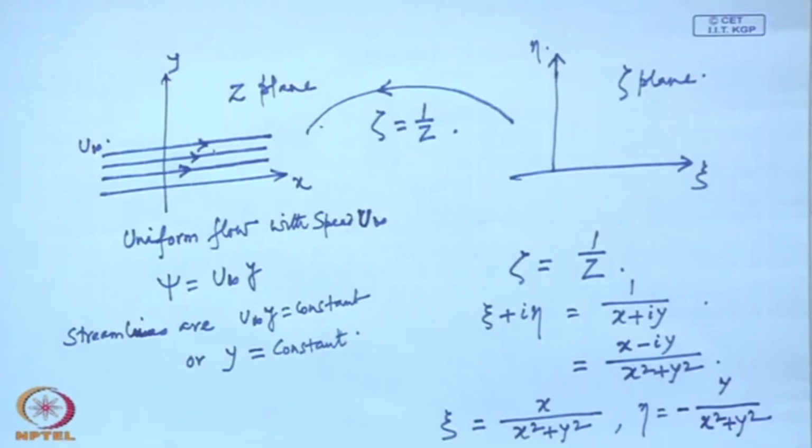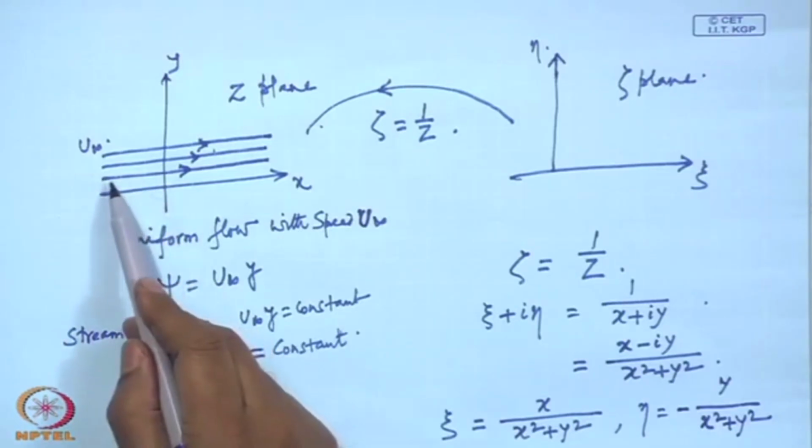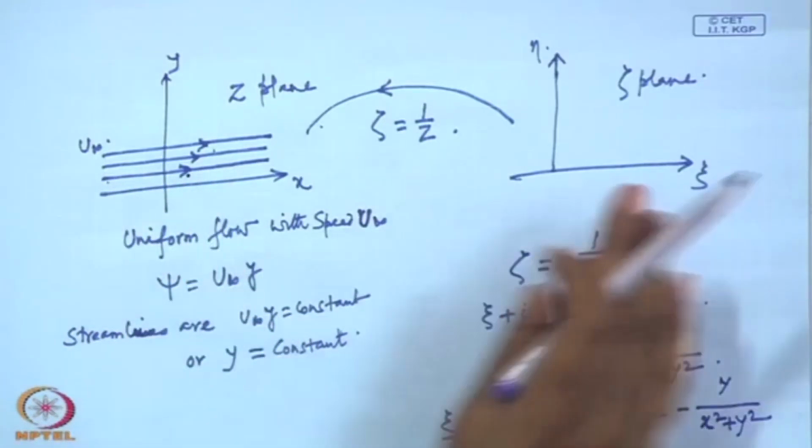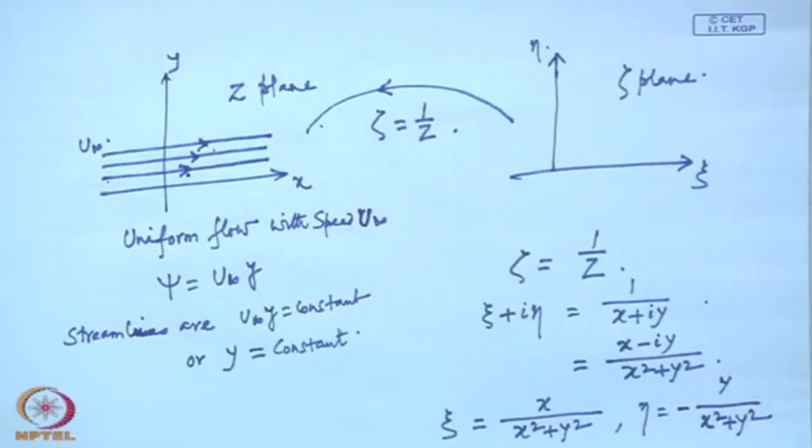Now, on the streamline, what we are basically doing is that we have to transform these curves, these straight lines, to this plane. Now, transforming a straight line is basically transforming certain points. So, how each of these points is transformed, that is what you have to find.